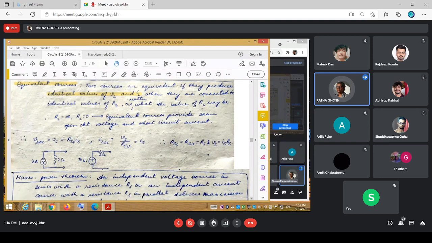So you can represent a circuit either as a current source with a parallel resistance or as a voltage source with a series resistance, the resistance values being the same, because it's the same R that's coming up. Practically, you have two terminals jutting out from any circuit or source.